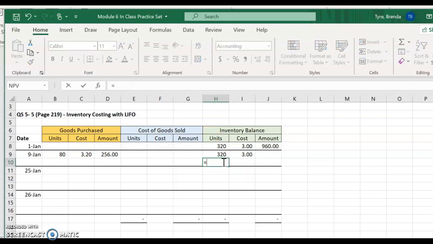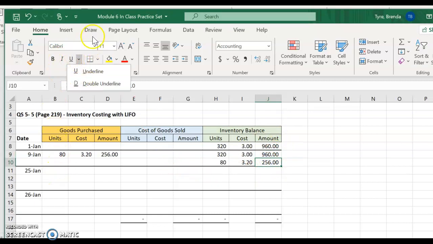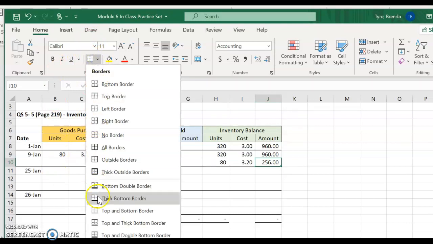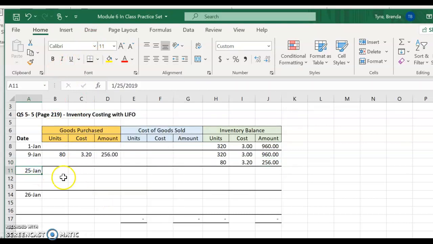Not sure what I did there. Got ahead of myself. Extend these. On January 25th, we purchased an additional 100 units at $3.34.